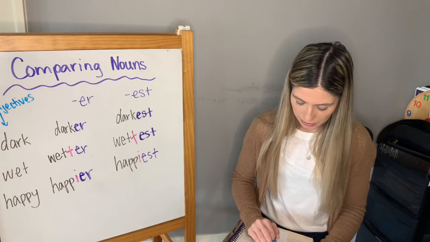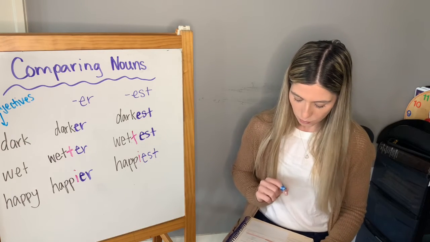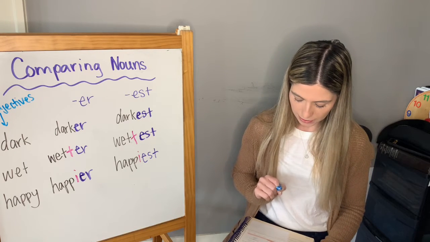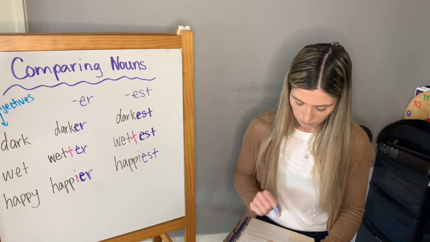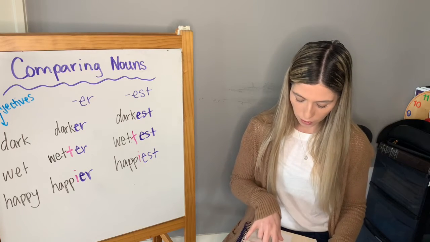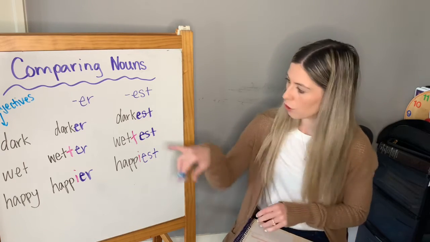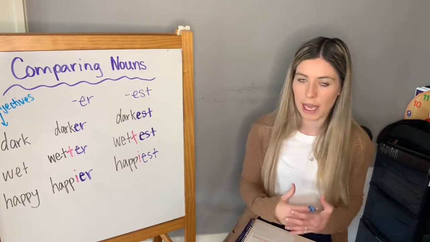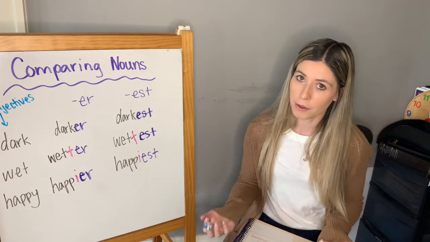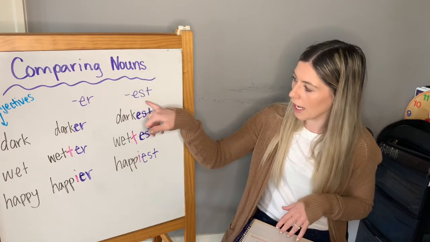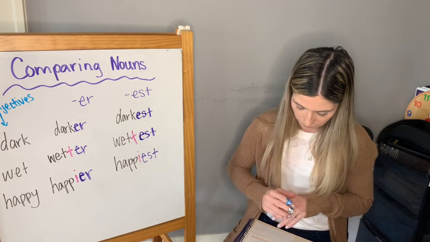Then section 1 says read the sentences. Write the correct adjective in the blank. So if you are comparing two things, you're going to add er to that adjective. If you're comparing three or more things, you're going to add est to that adjective.